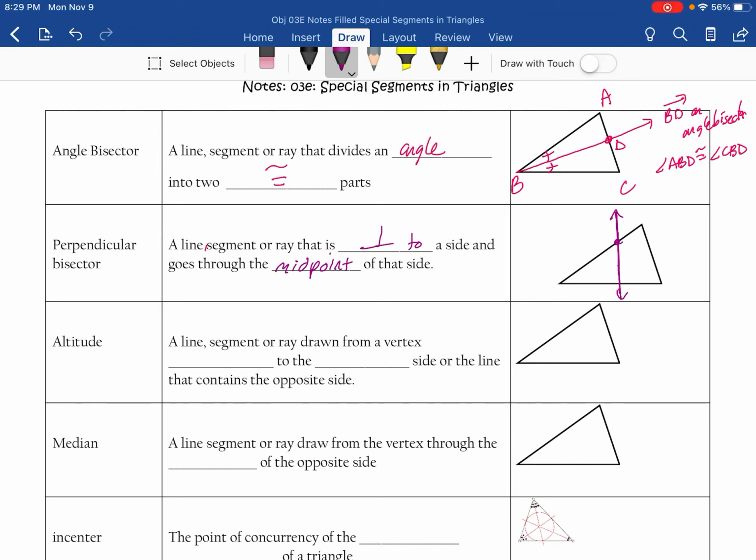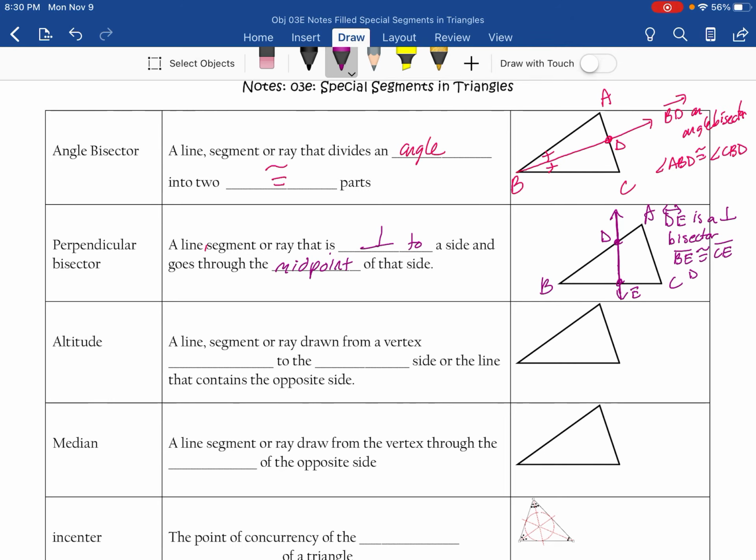So let's say here, we have A, B, C again, and we're going to call this D, E. And so if DE is a perpendicular bisector, there are certain things you can conclude. First thing is, because it's a bisector, you know BE must be congruent to CE.